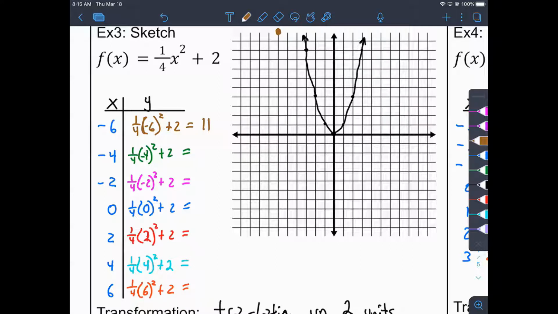Let's do it again. -4 squared. That's 16. Divided by 4 is 4. Plus 2 gives us 6. So this time I'm going to go backwards 1, 2, 3, 4, and up 1, 2, 3, 4, 5, 6.